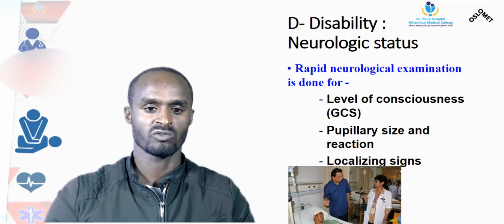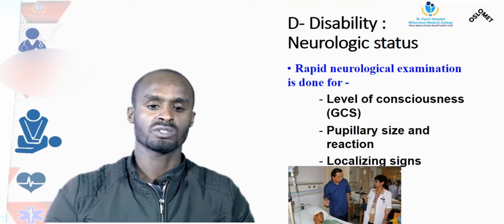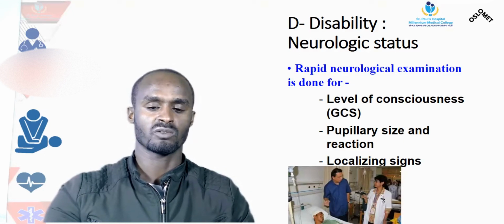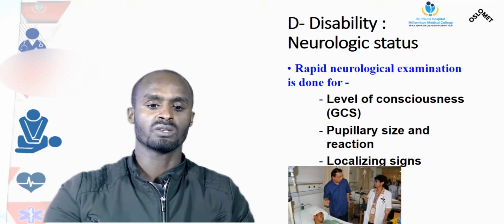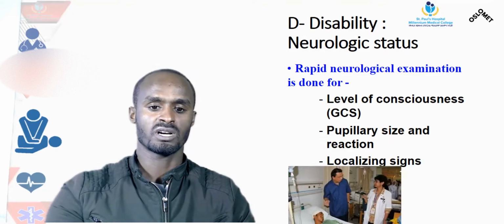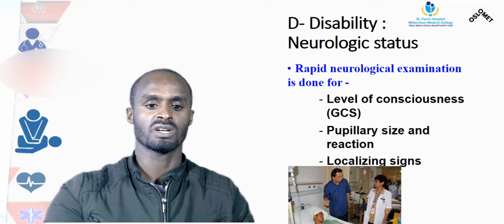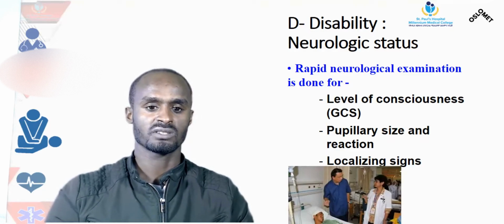P stands for pain: he responds when we apply pain to the patient. And U stands for unresponsive. If the patient is unresponsive to voice and unresponsive to pain, it indicates the patient's level of consciousness is decreased.